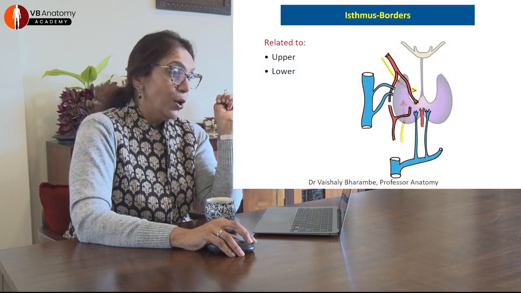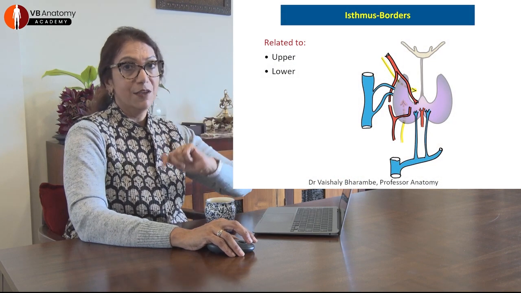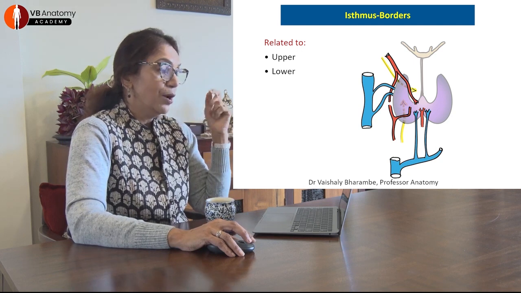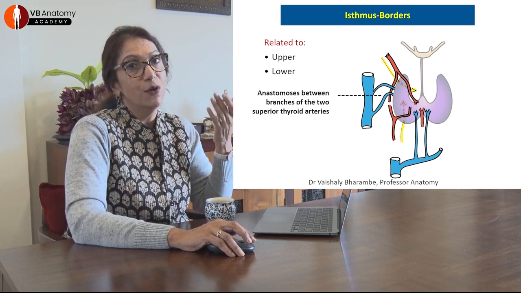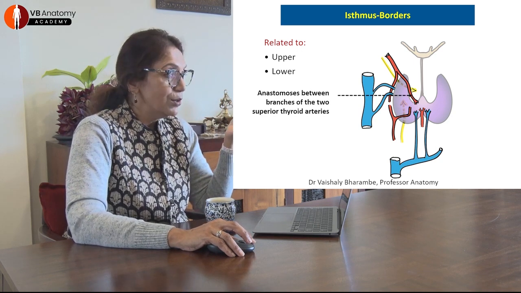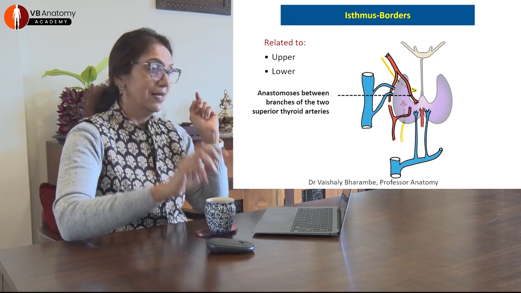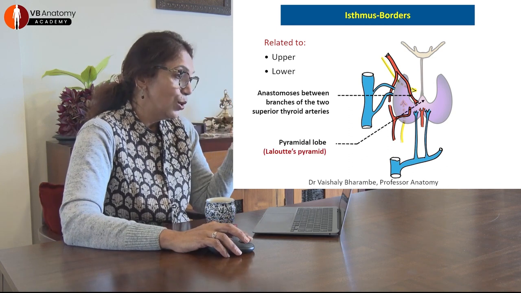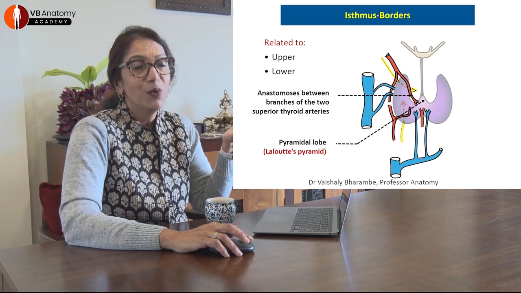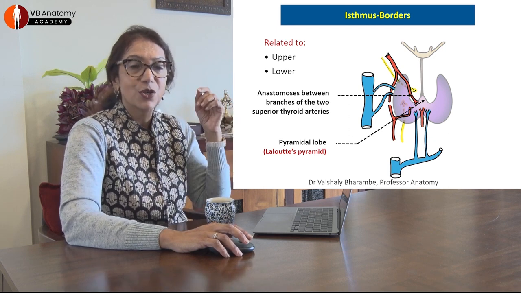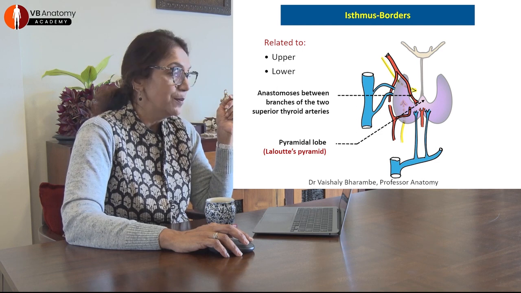Posteriorly, it's related to second, third, and fourth tracheal rings. Borders, there's a superior border and there's an inferior border. Superior border, of course, related to anastomosis of superior thyroid artery. Also, can you see a part projecting upwards? That's the pyramidal lobe, also called the Lalouette's pyramid. I won't talk about it now because there's a section on it in the next lecture.